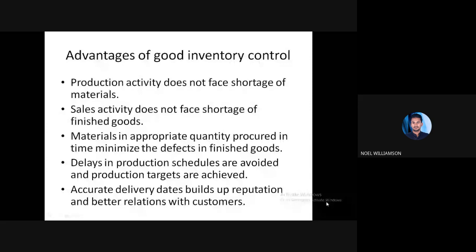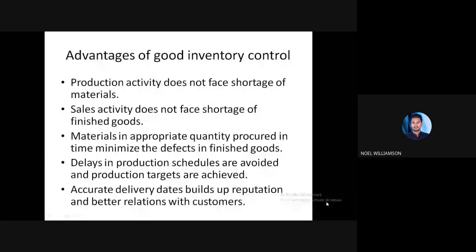And we are having the products in stock, so if there is any demand or any need to replace the product, then it will be easily available.